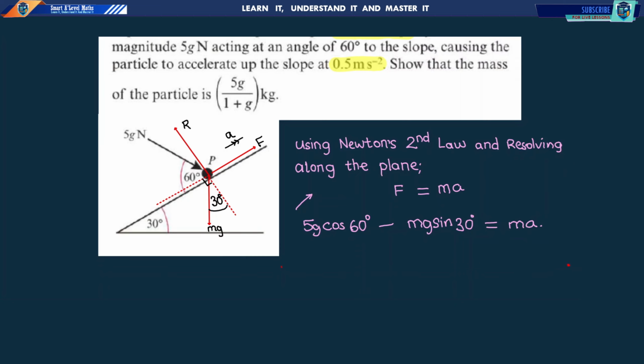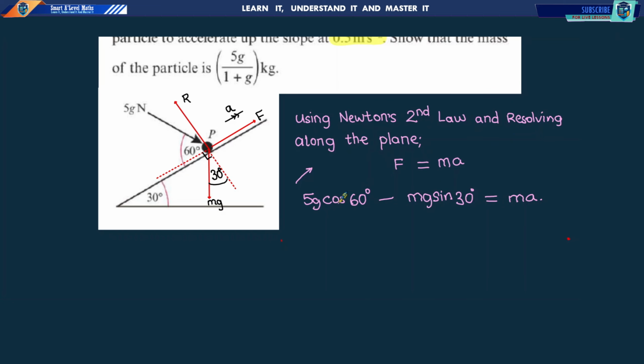So let's go on and simplify this. We know cos of 60 is 1/2. So we're going to have here 5g times 1/2, and we subtract away our sine of 30, which is also 1/2, times mg, and this must be equivalent to our a, which is 0.5, so we can write it in fractional form as 1/2 m.